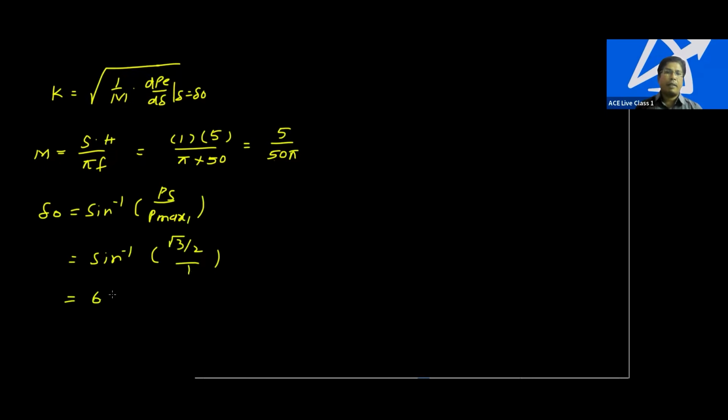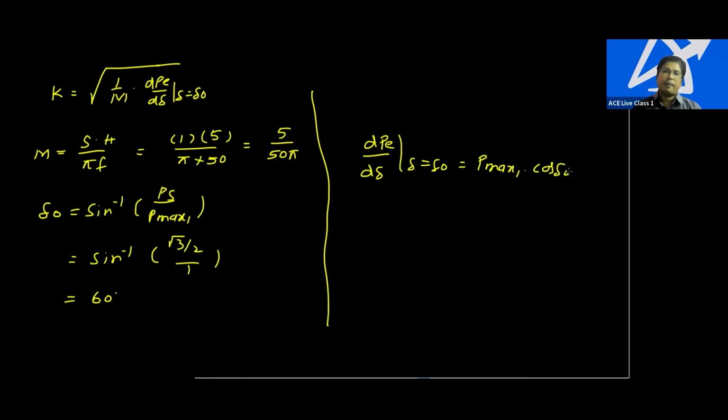Sine inverse of root 3 by 2 is 60 degrees. That is the value of delta naught. What is dPe by d delta at delta equal to delta naught? It is nothing but P max into cos delta. P max is 1, cos 60 is 1 by 2.